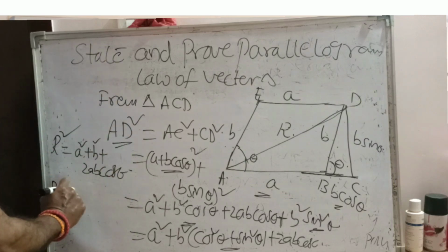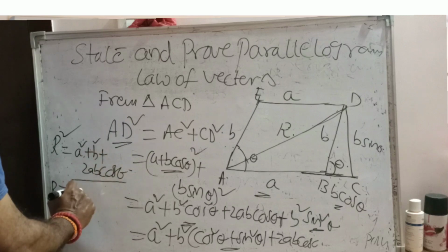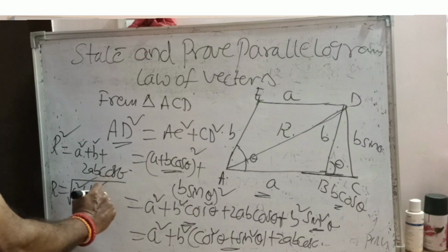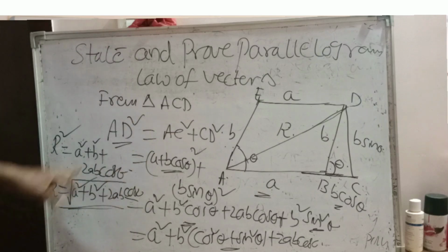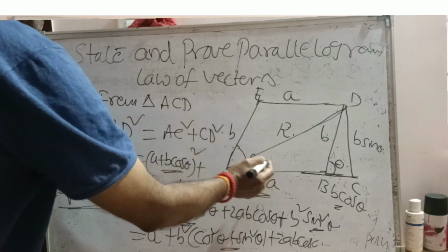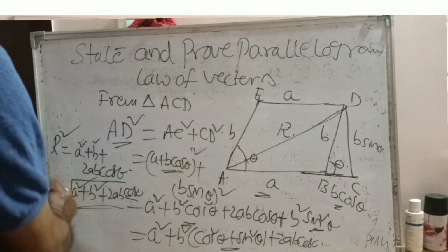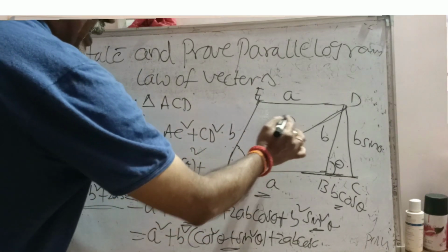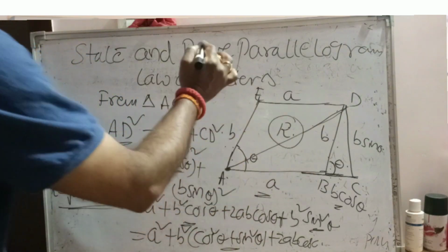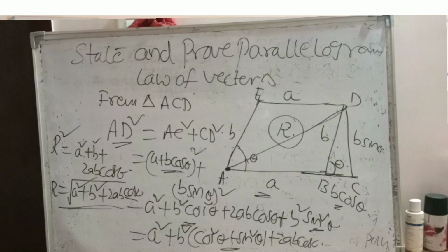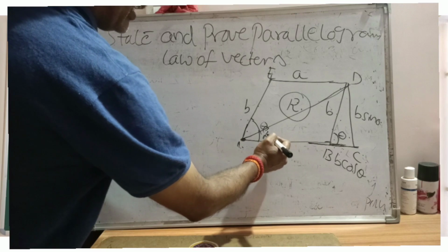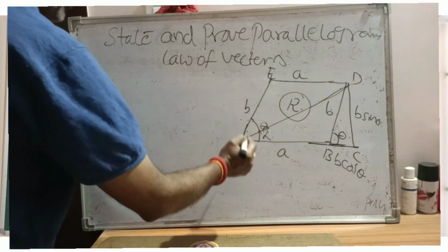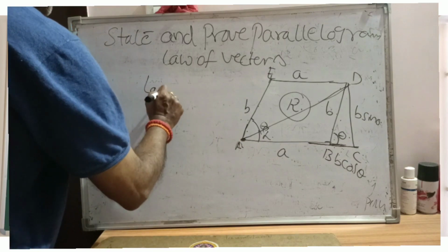I want to find the resultant vector R. Applying square root on both sides, R is equal to square root of A square plus B square plus 2AB cos theta. Therefore, if two vectors are represented in magnitude and direction by the two adjacent sides of a parallelogram, the resultant is represented by the diagonal passing through this point. Suppose we want to find the direction also, we have to consider the angle alpha.